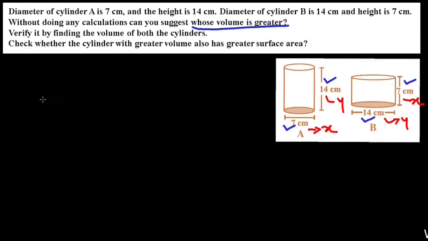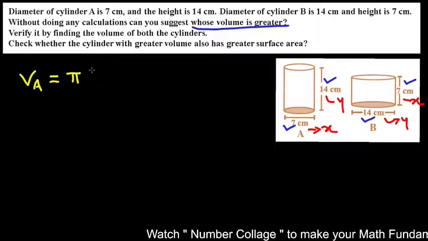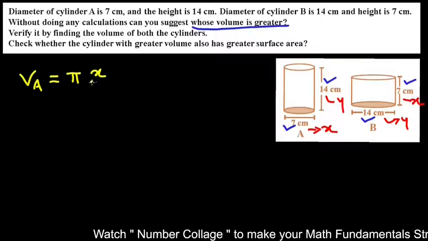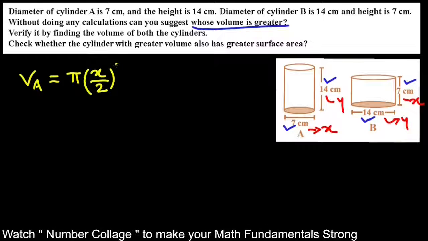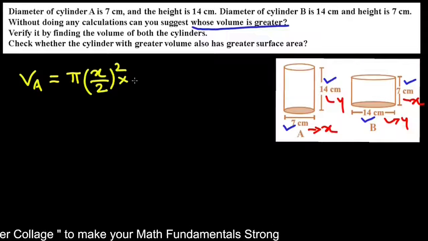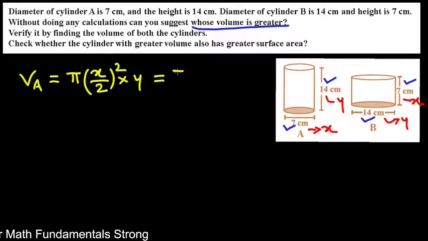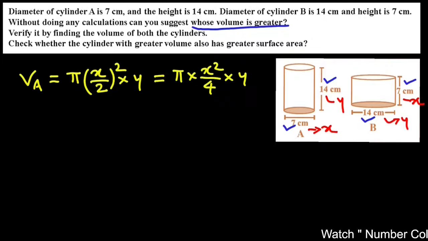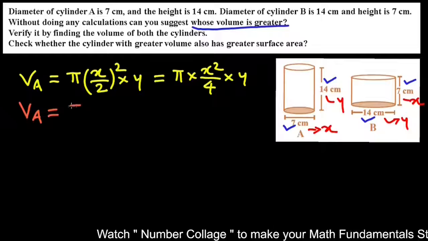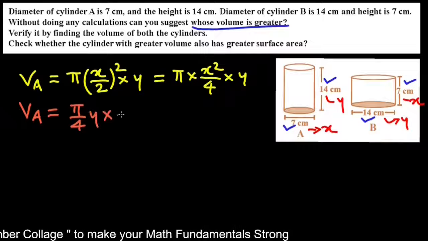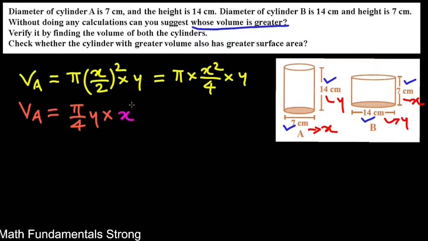Now volume of cylinder A, VA, is pi r square, which in this case will be x by 2, which is the radius, square, into height, which is y. So that will be pi into x square by 4 into y. So that gives us volume of cylinder A equals pi by 4 y multiplied by x square.